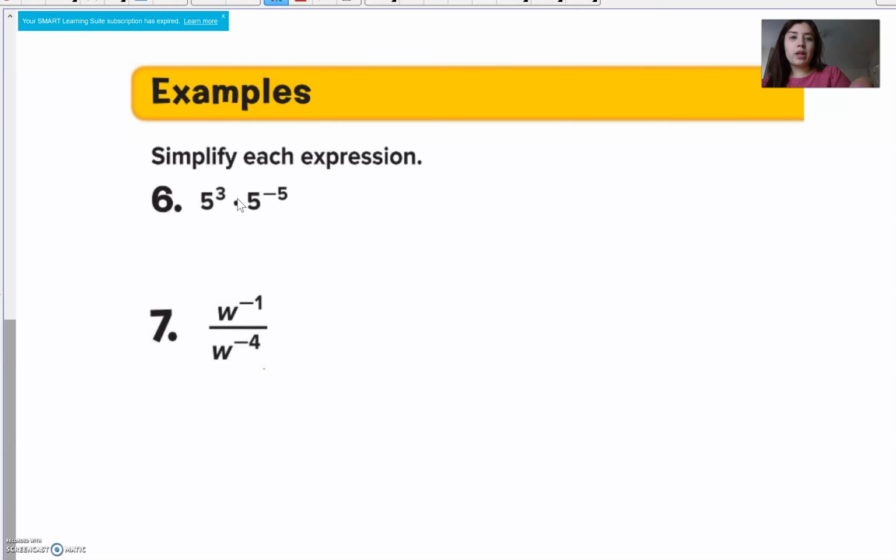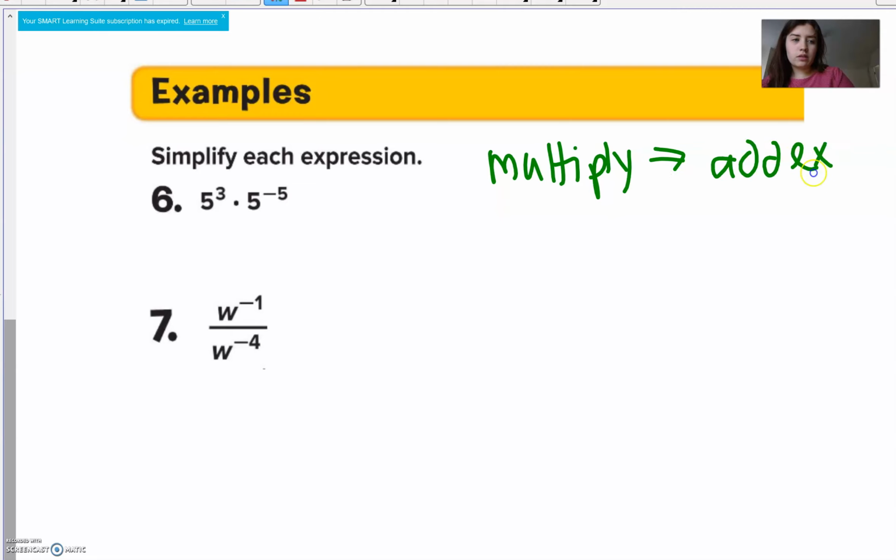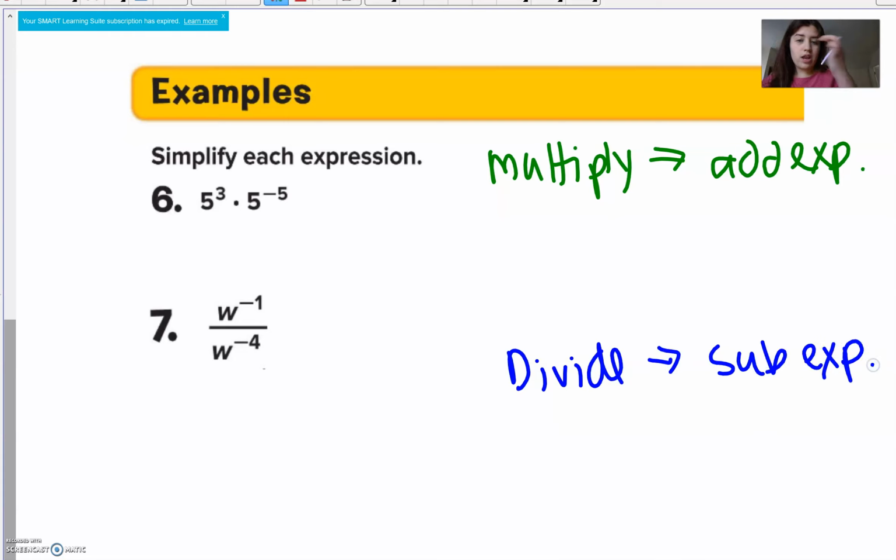So when we multiply, we talked about this in class, we add exponents. And when we divide, we subtract exponents, right?